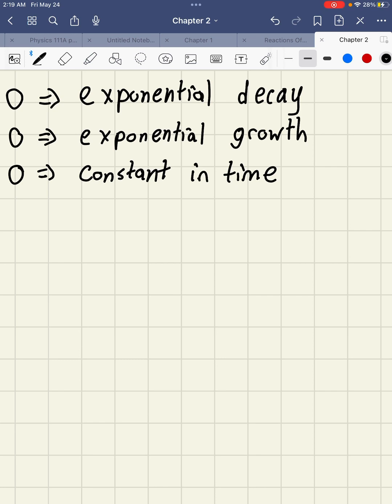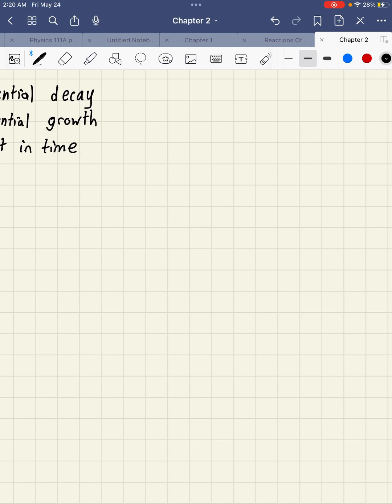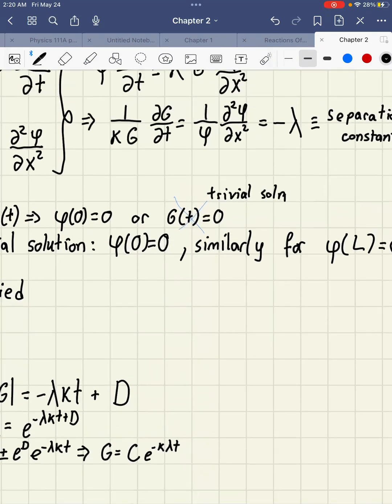Okay? Now let's analyze this to see which one is required. If you remember our heat conduction, as time goes on and on, our temperature decays, because the heat is flowing to the outside. So I expect only that it decays or it just remains constant. Only in those cases can my temperature decay to 0 or become constant.